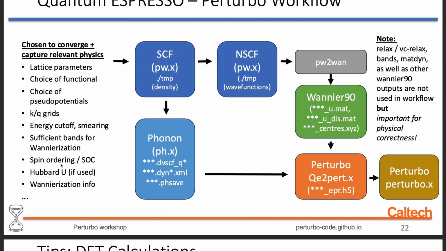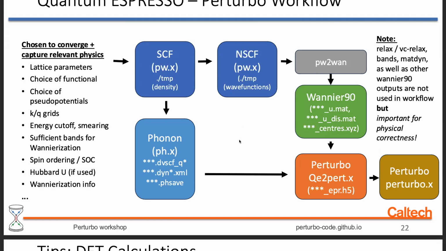You make all these decisions, and then the key calculations in the workflow are the Quantum ESPRESSO self-consistent field, which gives you the electron density in the .save folder, and then that is used for the phonon calculation, which gives you the dynamical matrix and the dVscf, or the perturbation potentials, and also the non-self-consistent field, which gives you the wave functions, which are used to Wannierize and create the projections to the Wannier orbitals.